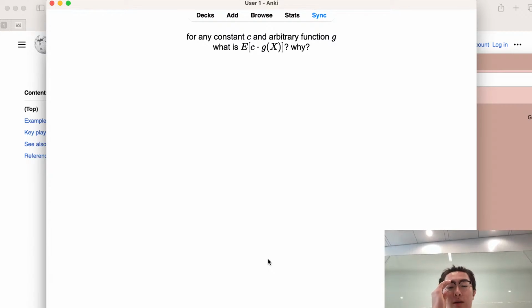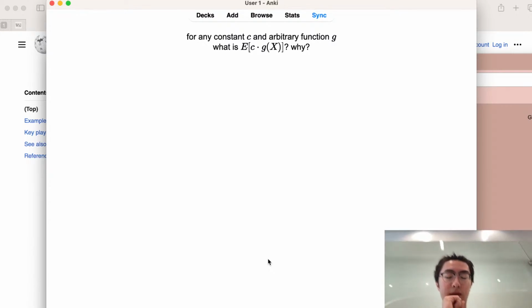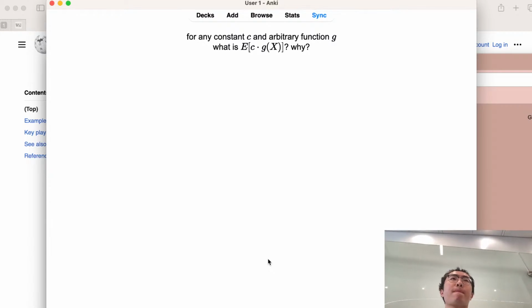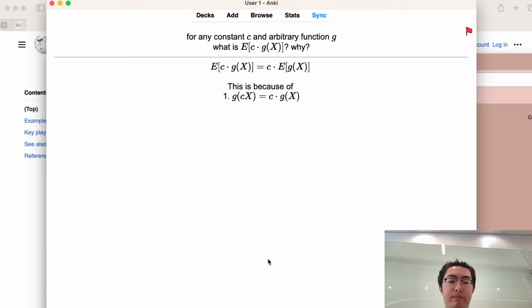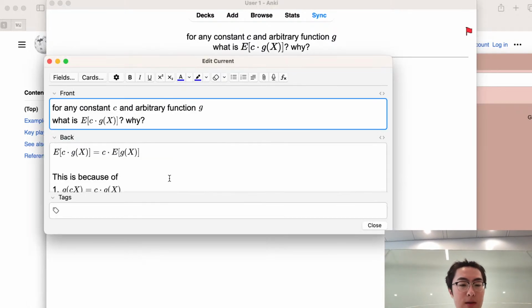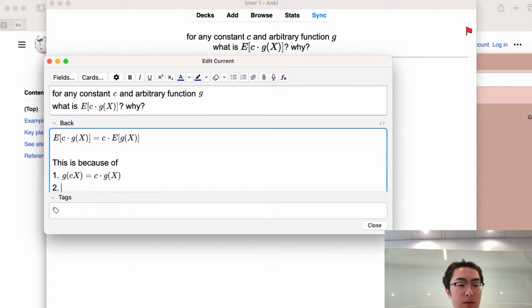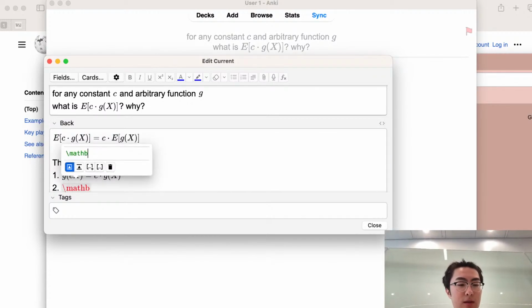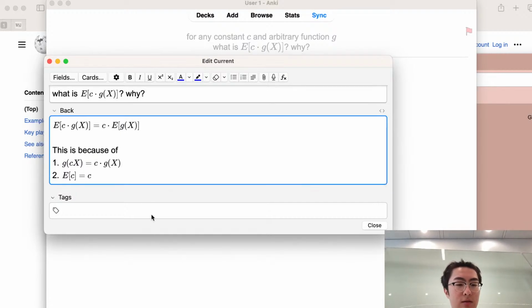It just scales your random variable, and same thing here with the expectation, it just scales the expectation. Maybe also, the expectation of c is just equal to c, right?